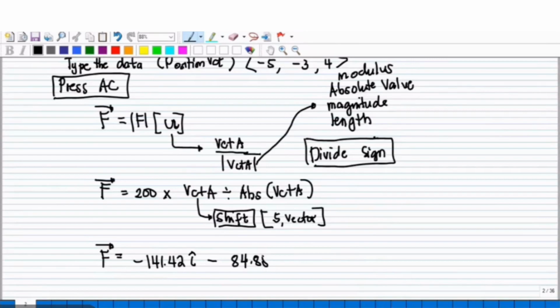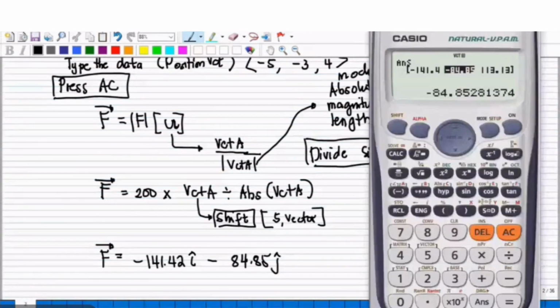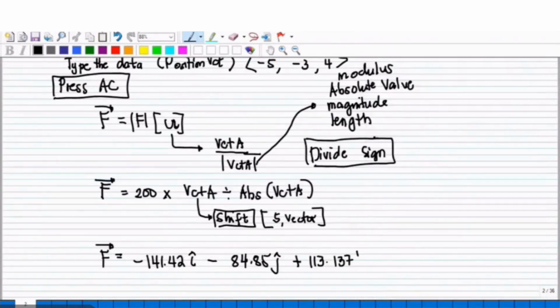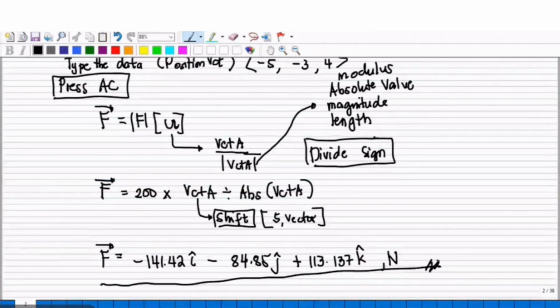Okay. So lastly, yung ating k or yung ating z direction, so that is 113.137. This is in the k direction. So this is now in newtons. Okay.